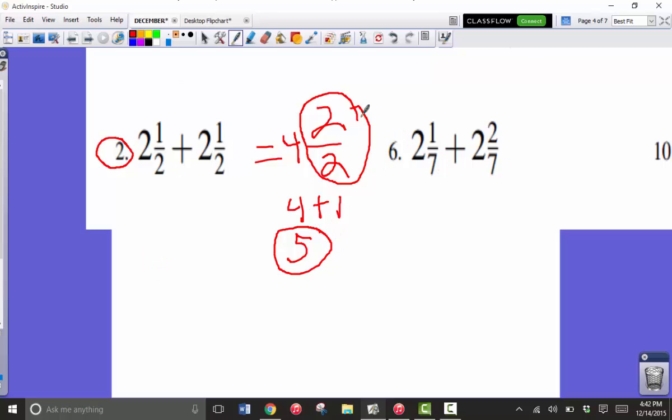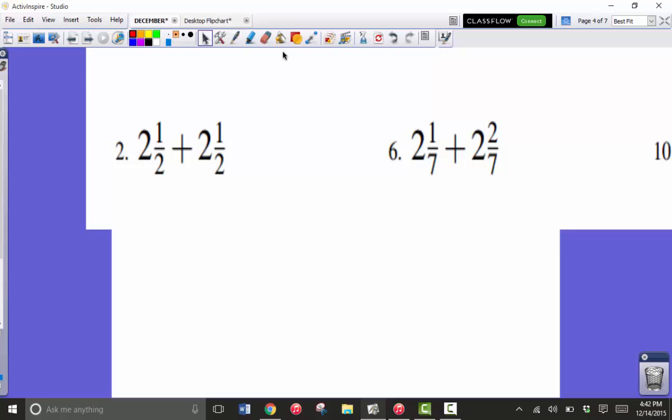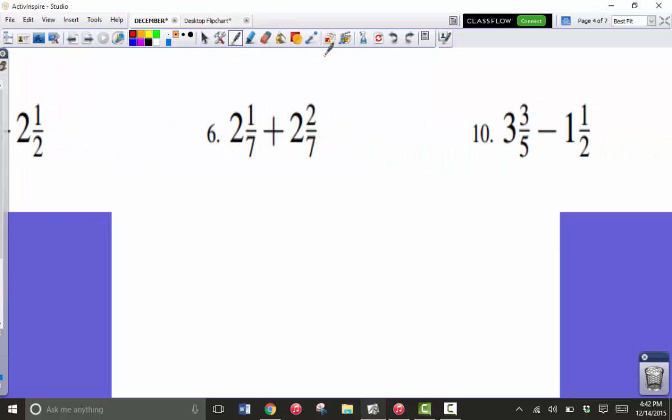I'm going to do number 6. Number 6 is not going to come out as a whole number, but I want you to be able to see the difference between having the same bottom number in which you're going to end up with a whole number for your answer, or having the same bottom number and you're not going to end up with a whole number for the answer. Here we go. So remember, bottom numbers are the same.